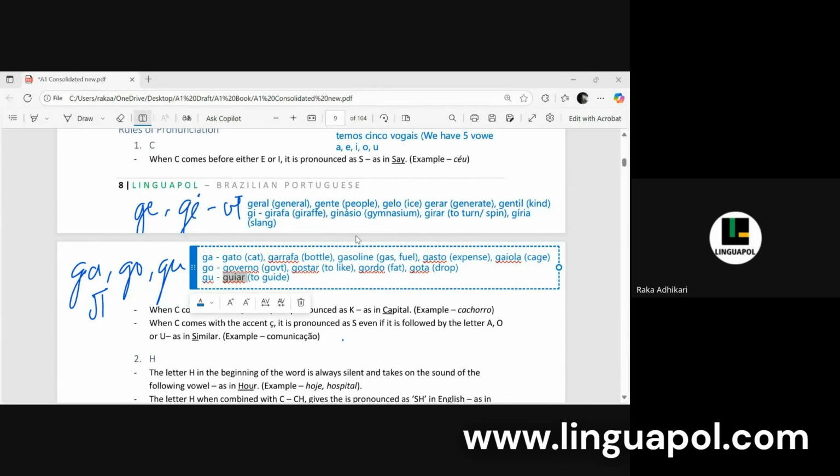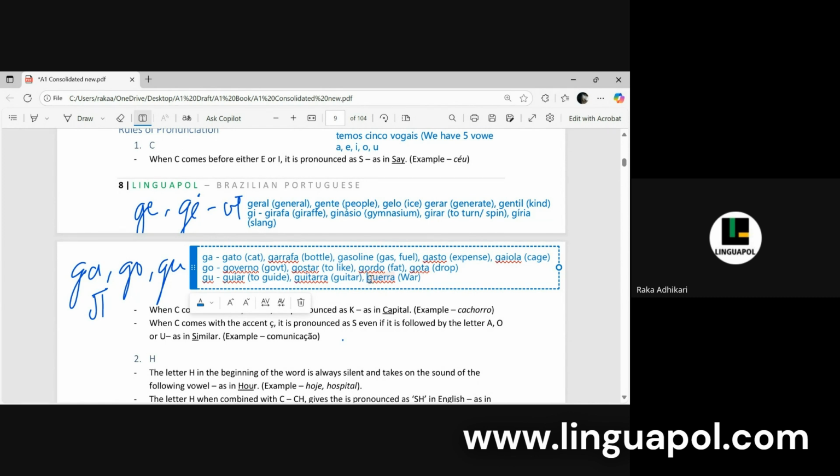More words. Very common word: guitarra. Here we have a combination of GUI. This combination sounds like "gi". Guitarra, guitar. Guerra means war.